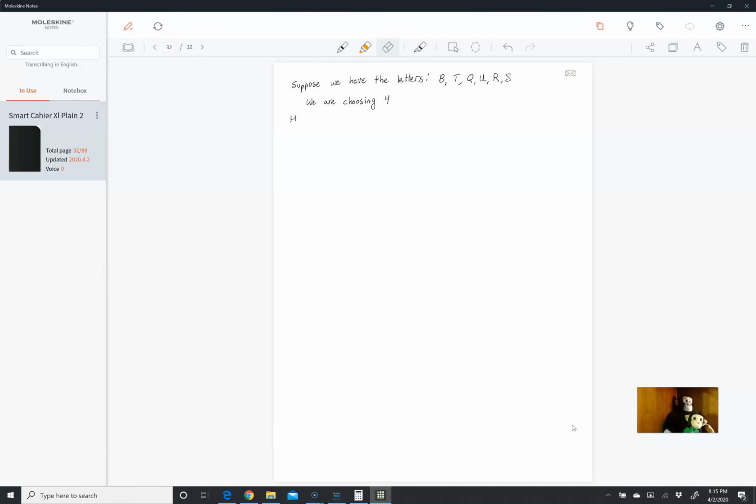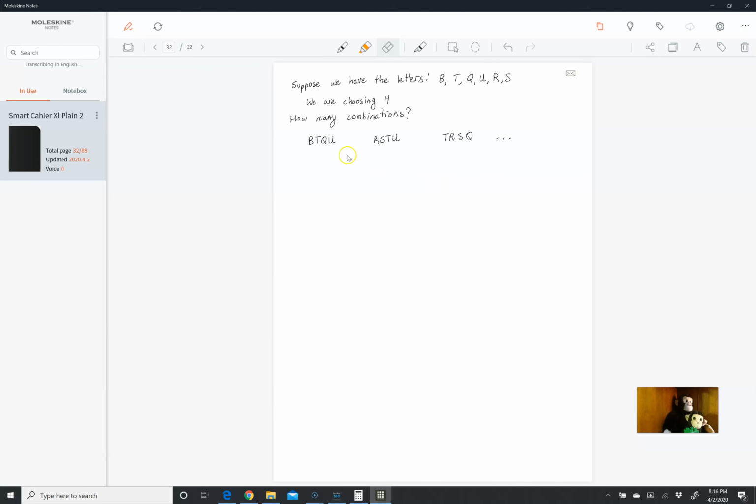And we want to know how many combinations. Well, let's show some of the permutations. So we have B, T, Q, U. That's one example. We have R, S, T, U. That's another one. Let's say that we have T, R, S, Q, and so forth. So we have a whole bunch of these.